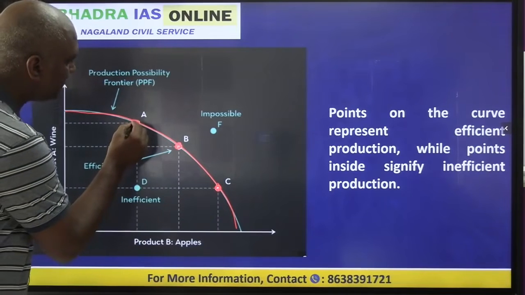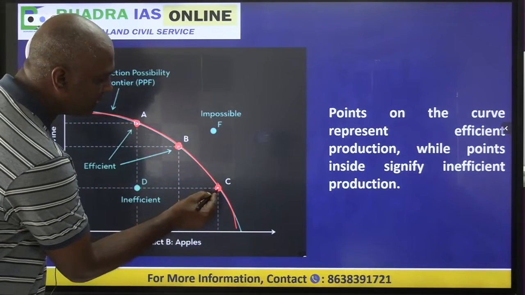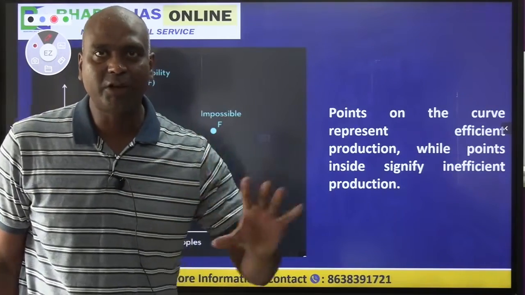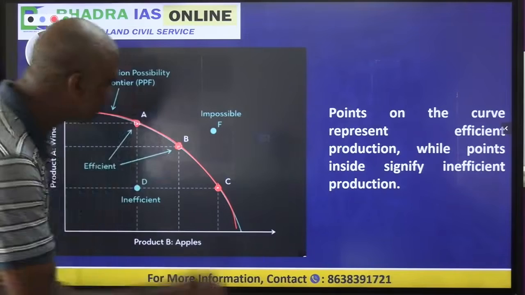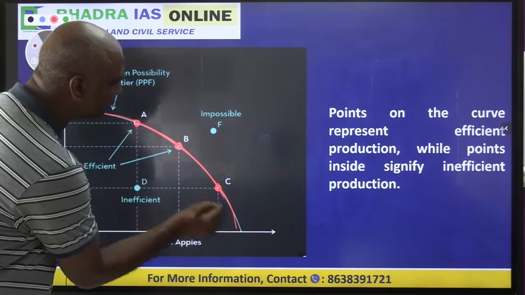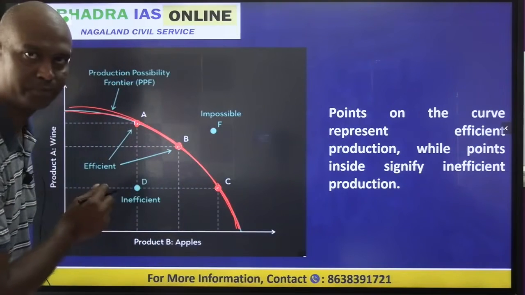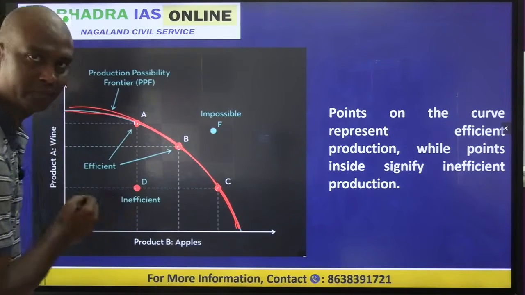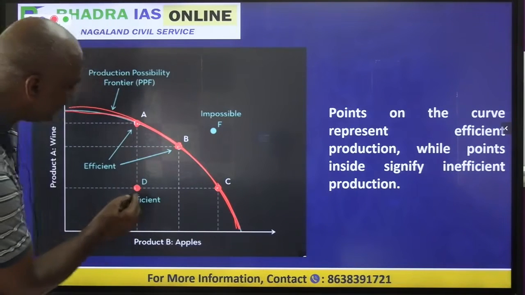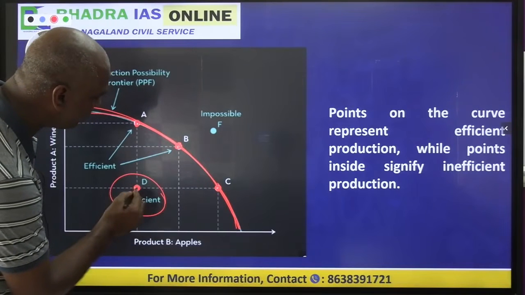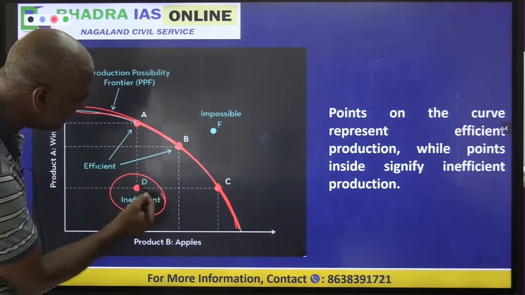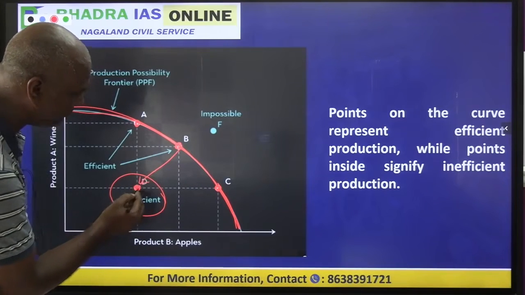Now all these three points, point A, point B and point C, are called efficient level of production. Why? Because they are on the production possibility curve. However, if you see here point D, this point D is called inefficient level of production. Why? Because it is inside the production possibility curve.